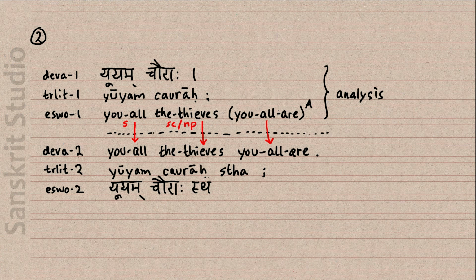The root is us for asti, but that a only remains in the singular. So you have asmi and asi and asti.